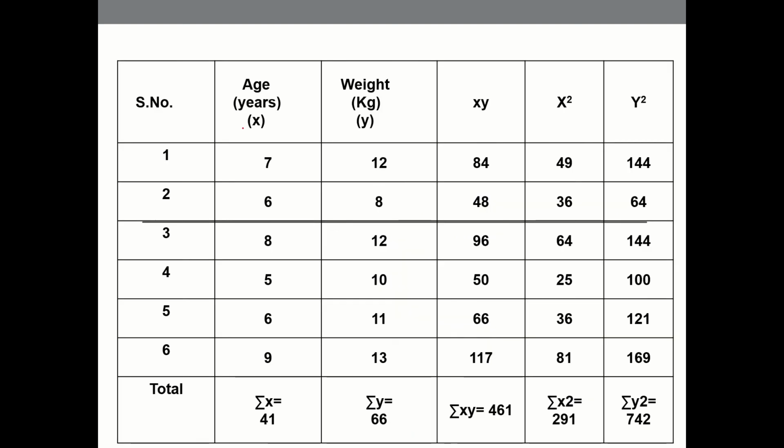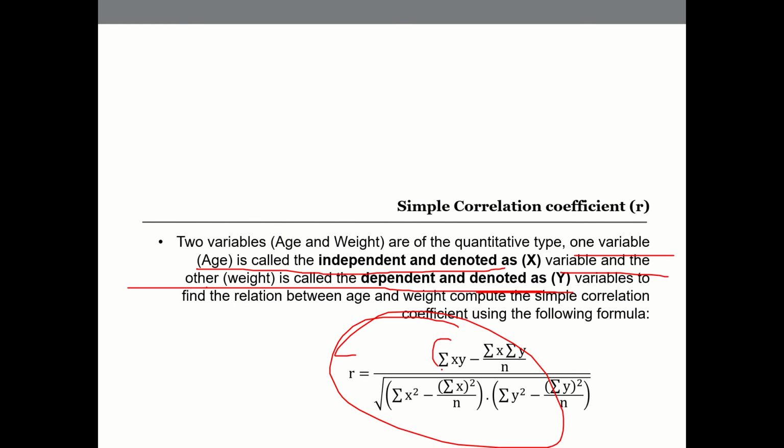So like I said, this formula has to be decoded. That is very simple. Summation of xy, summation of x, and summation of y divided by, we use summation of x square and so on.